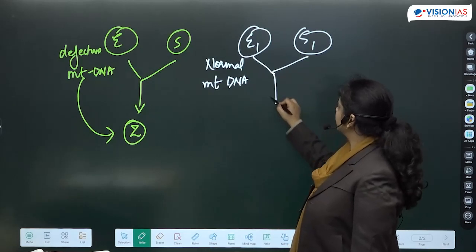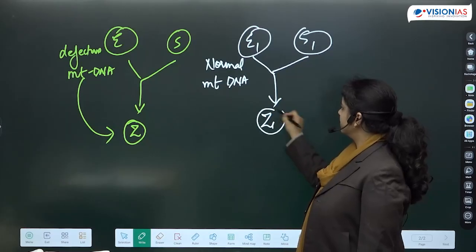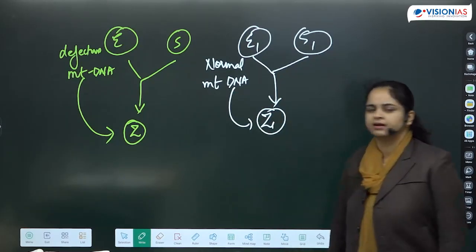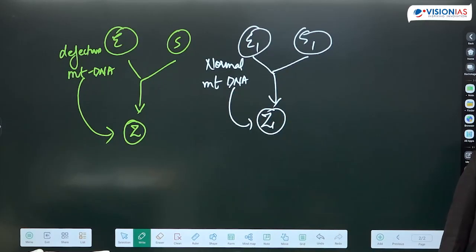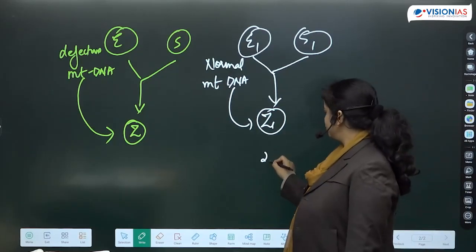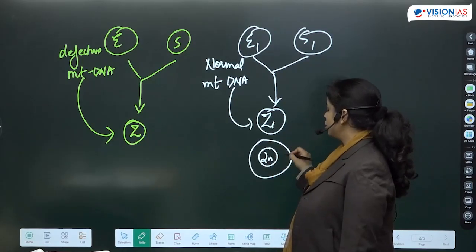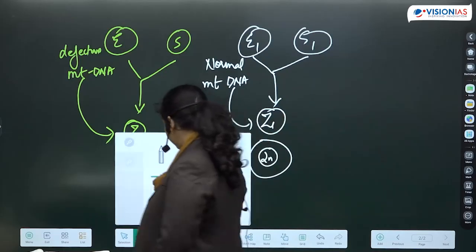Then we allow them to fertilize, we get a zygote, but this zygote will be having normal mitochondrial DNA. अब आपके पास दो zygote हैं, 2n न्यूक्लियस है, साइटोप्लाज्म है with normal mitochondrial DNA.